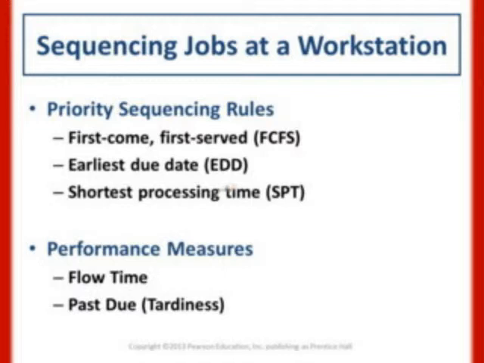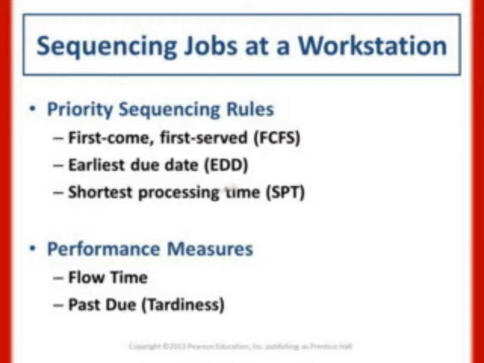We mentioned in this chapter these sequencing rules: the first come first serve rule, the earliest due date, and the shortest processing time. In the first one we schedule the jobs as they arrive to the workstation. So the first job to arrive is the first job to be scheduled. In the second one we schedule jobs according to the due date.